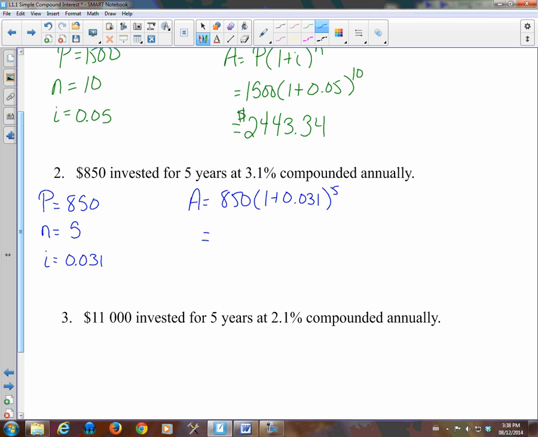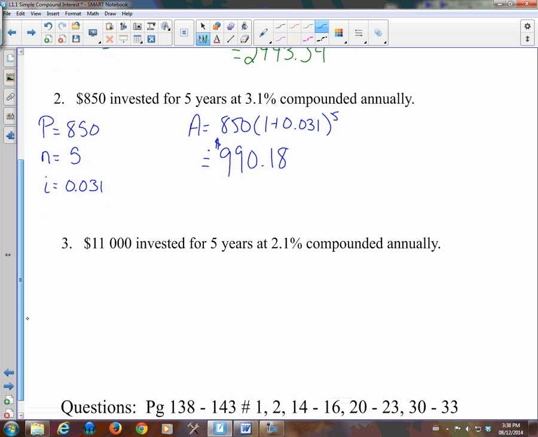So I'm going to have 850 times 1.031 to the exponent 5, which gives me $990.18 approximately.